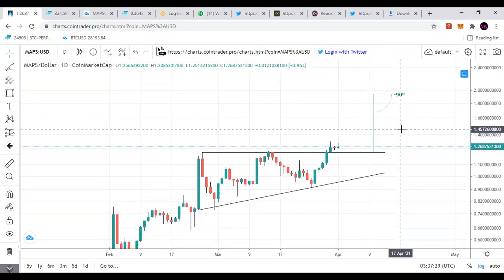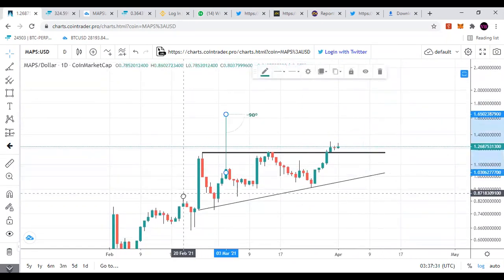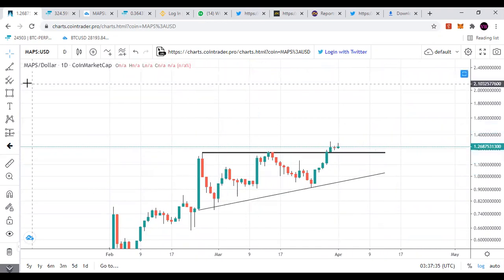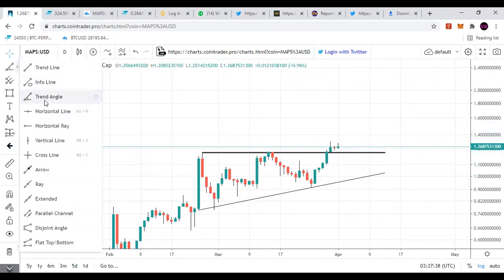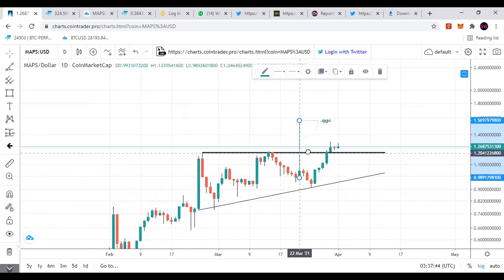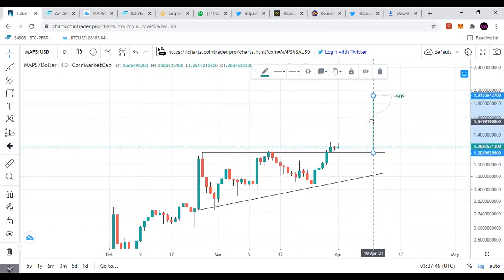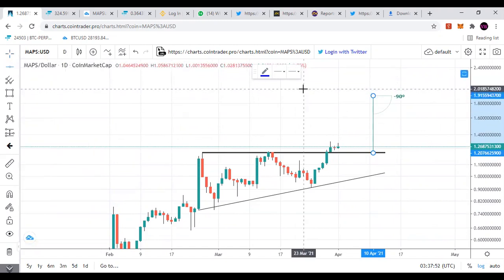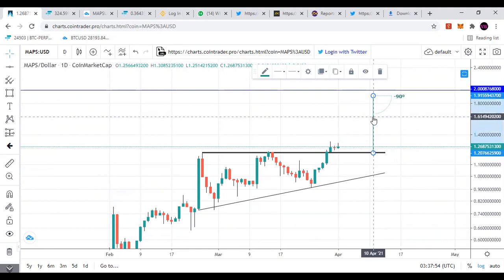So we'll take the measured height of this. So I'm going to delete this. Let me do that again. So take this from the resistance down to the support here. Then we'll drag this and drop it at the breakout. So I can approximately say 2 USD around here.